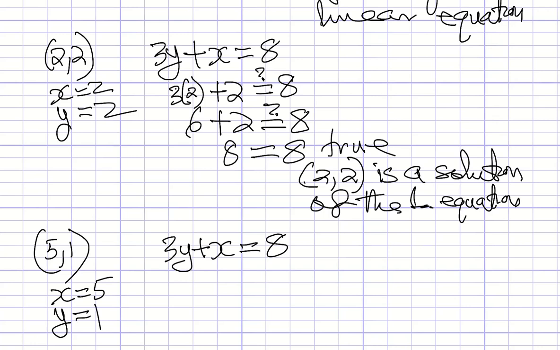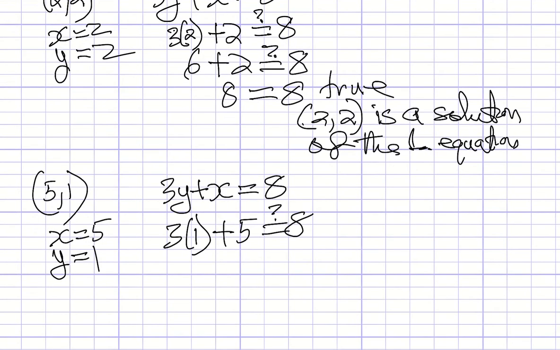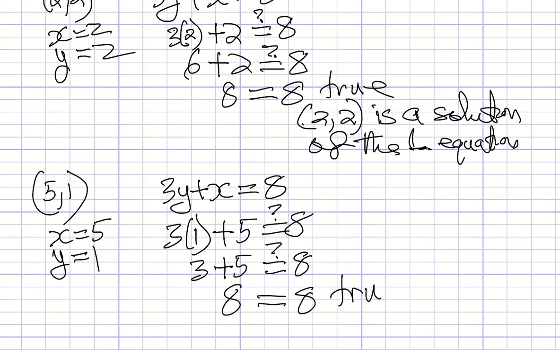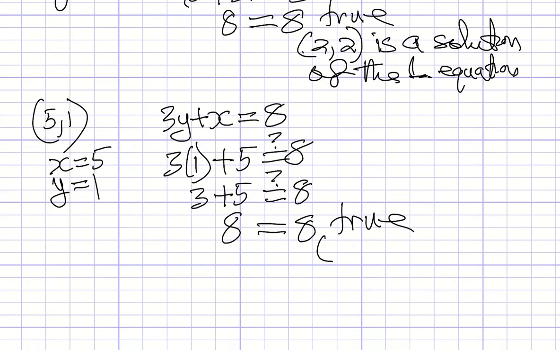Always keep that in mind. You substitute, you get 3 times 1 plus 5. Is it equal to 8? We don't know until we simplify the left side. It's 3 plus 5. Is it equal to 8? We keep simplifying. Yeah, this is 8. So it's true. So that ordered pair is a solution.